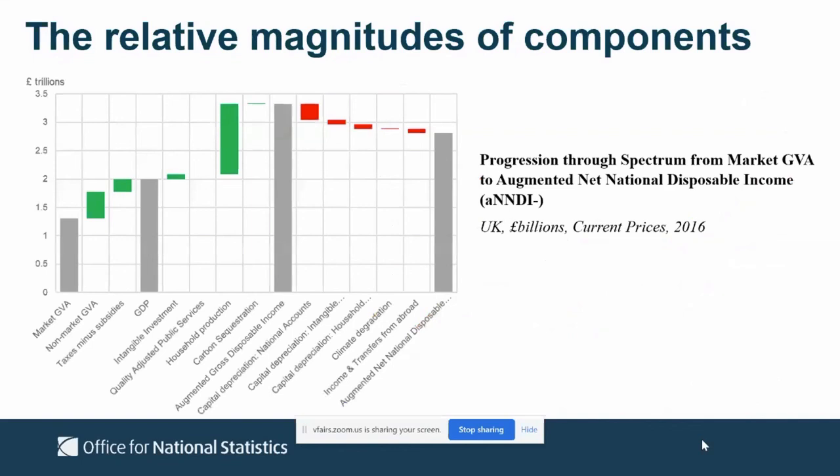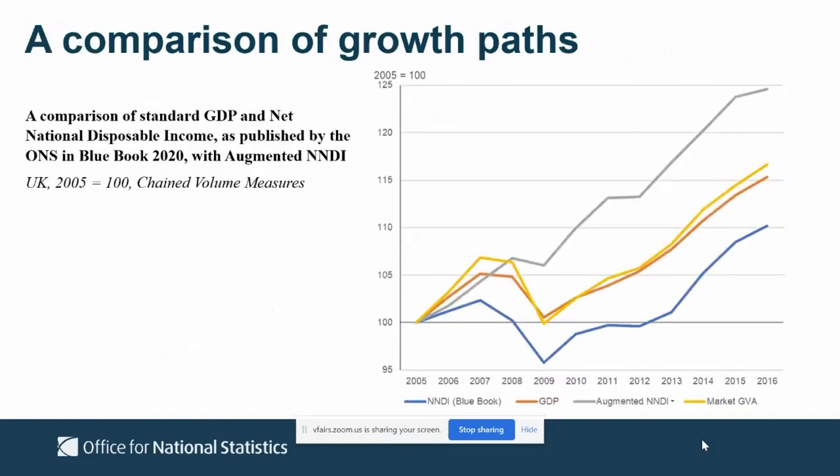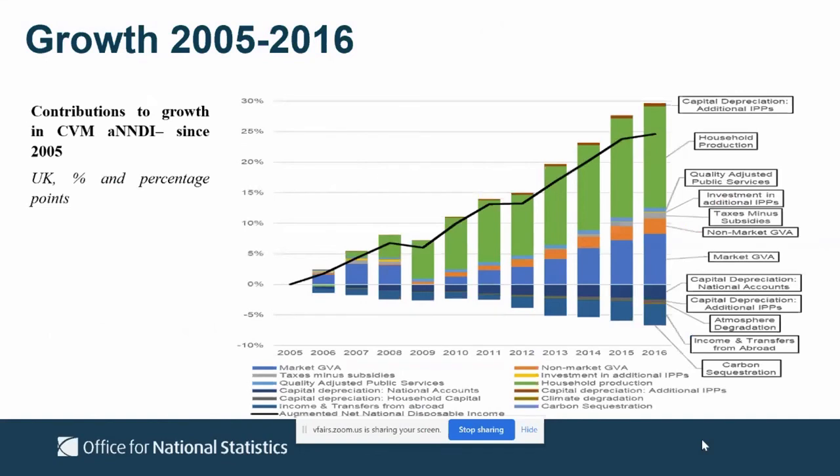And you can see here that market GVA is about 1.3 trillion, whereas the household production, it's very hard to tell from here, but I think it's just over 1 trillion. It's not quite as large as market GVA, and obviously on top of that, household production is definitely smaller than GDP in levels terms, but it's definitely growing faster.